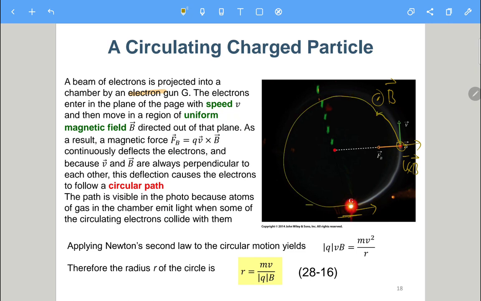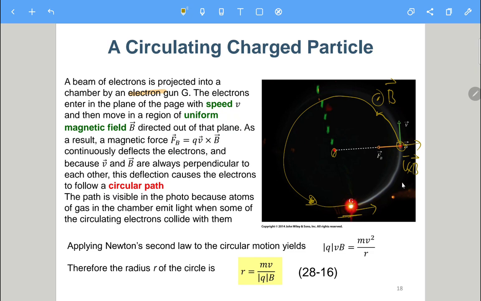Actually, it is the circular motion you learned in high school, but at that time you assumed there is a mass here, for example this is the Earth and this is the Moon, and the Moon has circular motion.